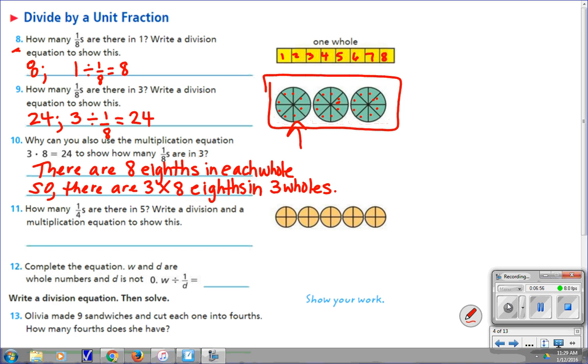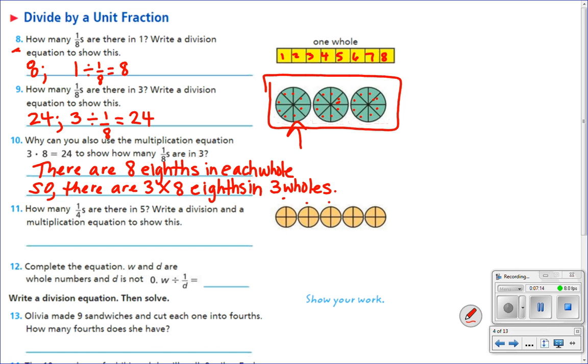I'm going to do one more and then I'm going to move on to the next part. But how many fourths are there in 5? Think about what we just did. Write a division and multiplication equation to show this. Okay, there's 1, 2, 3, 4, 5 objects here, and I want to know how many fourths there are.